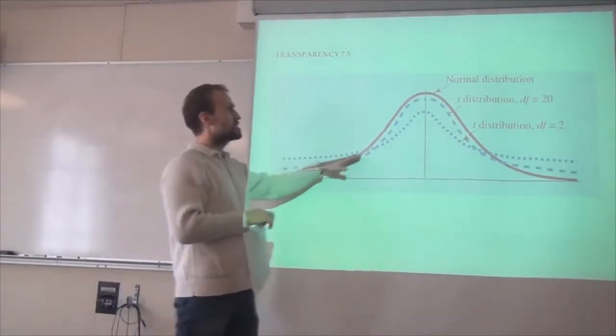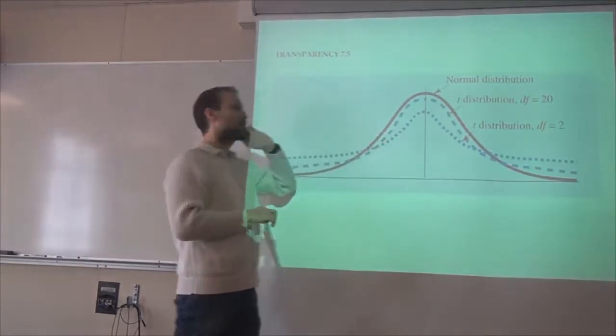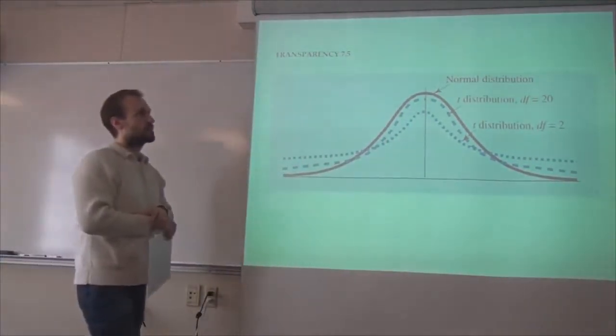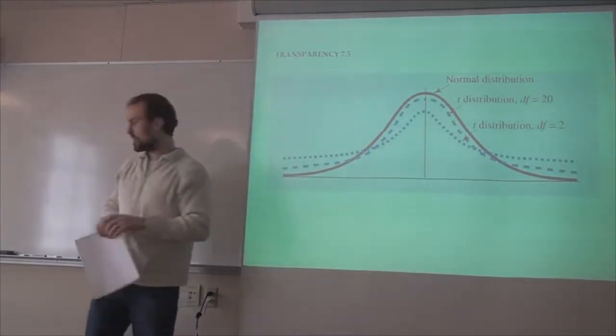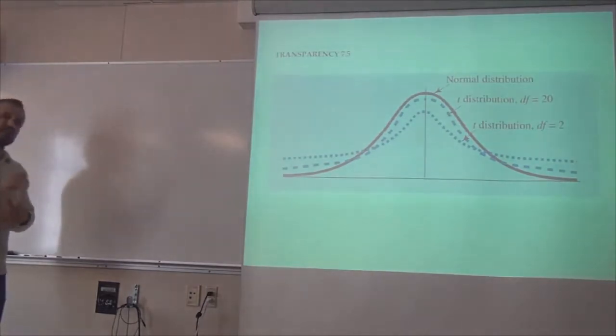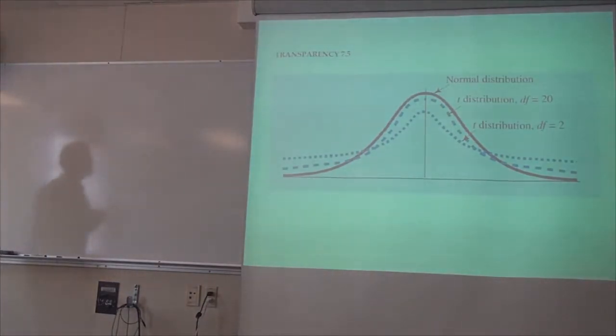It depends on how big my sample is. If I have a very small sample, then it's fair to guess that my approximation is not going to be that accurate.